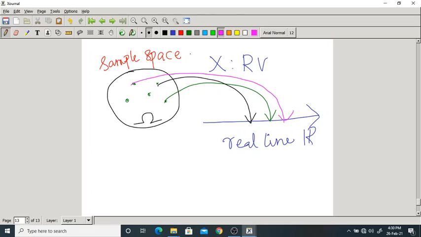This is called random variable: assigning real valued numbers to the outcome of an experiment. Okay.